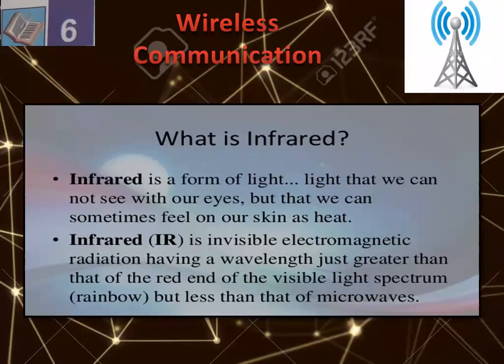The next is, what is infrared? Infrared is a form of light that we cannot see with our eyes, but that we can sometimes feel on our skin as heat.